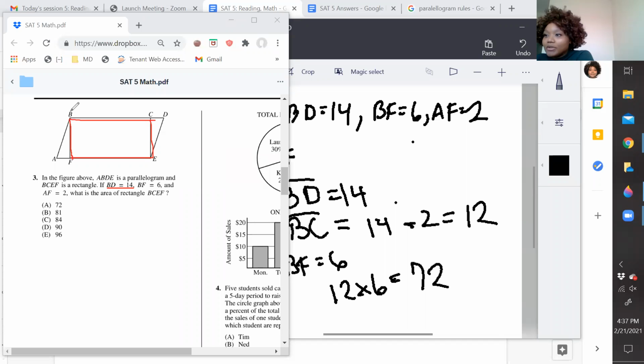BD has BC, the line from B to C, and it also has C to D. So BC plus CD equals 14, and that's outlined here. But now, to get just BC, we know we have to subtract CD. But we know that because this is a parallelogram, AF and CD are going to equal each other.